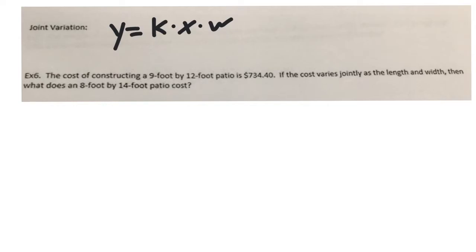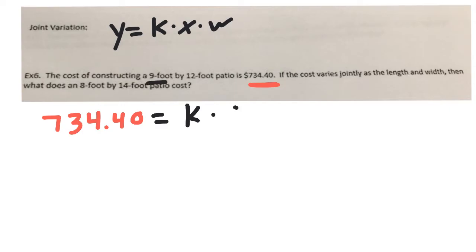So again here, I've got a cost of $734.40. That's going to be my y value. Anytime I have money, I'm going to make that the y value. So $734.40 is equal to k times x times w. So we'll let x be 9, and we'll let w be 12.